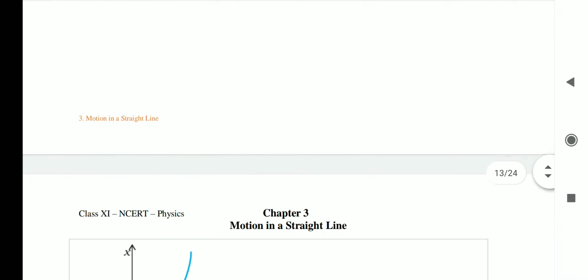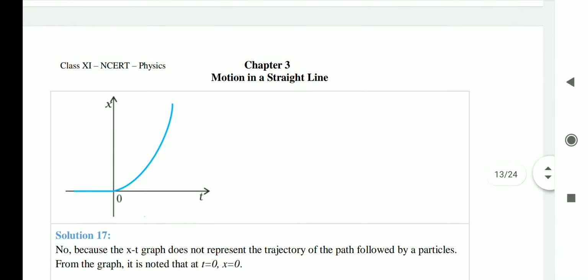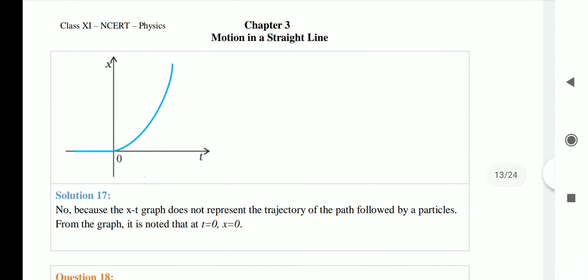Let's first have a look at the graph. This is an xt graph. For t less than 0 it is a straight line, the blue color line you can see, and for t greater than 0 it is a curve, that is, a parabolic curve.